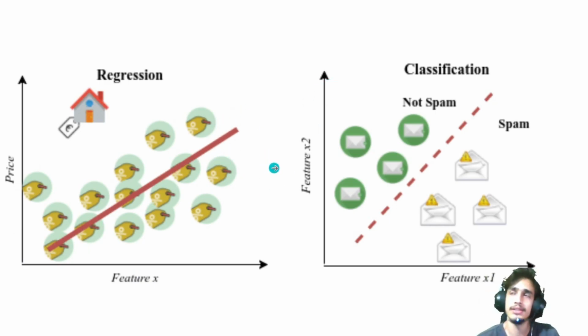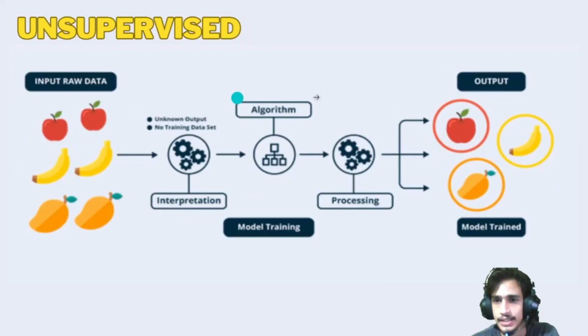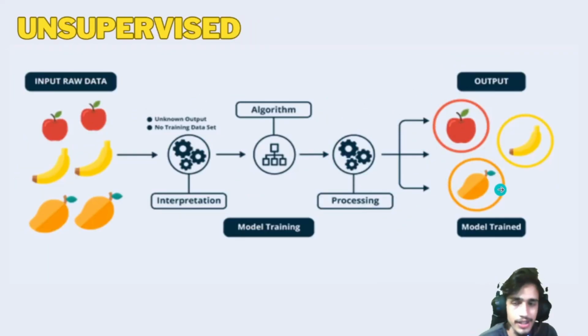For example, we have the temperature of several days for a month, and we have to decide what today's temperature will be. So we will use a regression problem. What is classification? In classification, we have various data, like these are spam, this is not spam. It categorizes this one as spam and this one as not spam. Clustering is what we have learned in unsupervised learning. It makes clusters of the images.